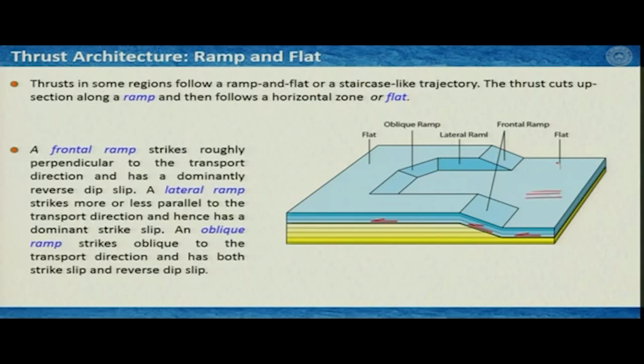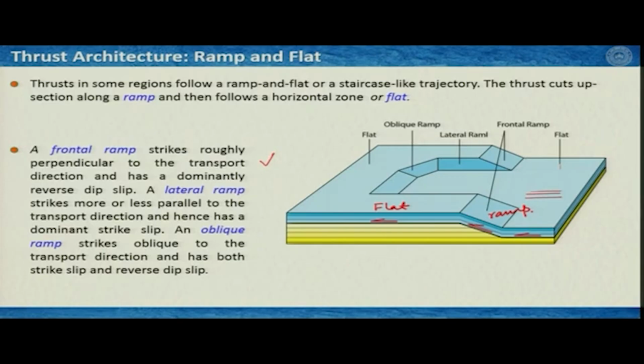So, these are flat, and then you have some ramp like features which are at an angle to this flat plane, and these are known as ramps, and then it achieves another flat here. So, the ramps can happen in different ways, and we will learn about it, and this is also written here. So, let me explain it in different ways.